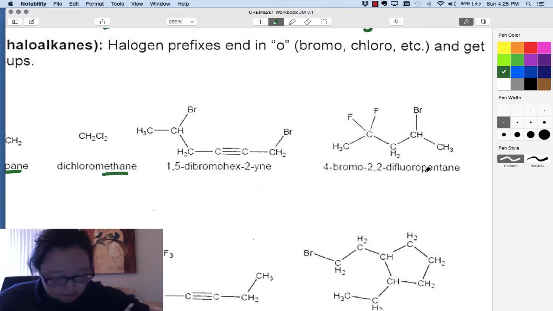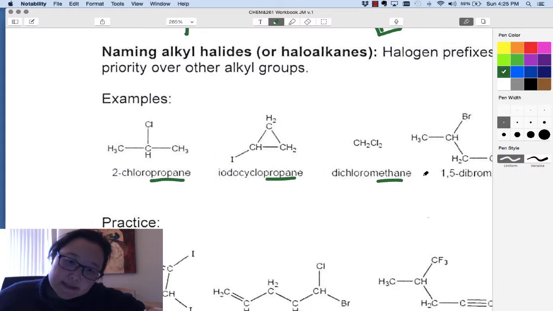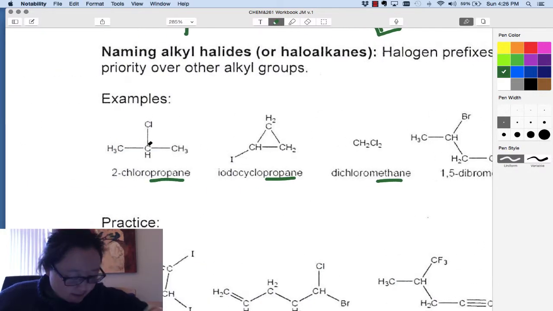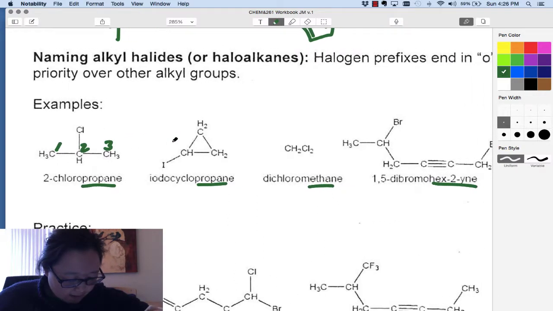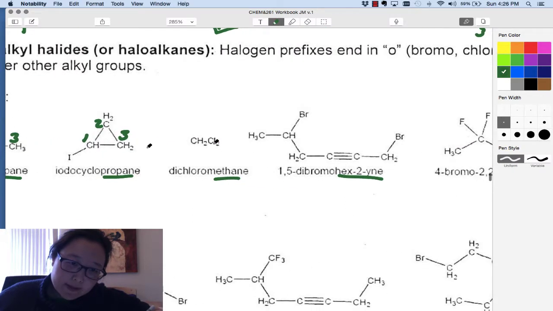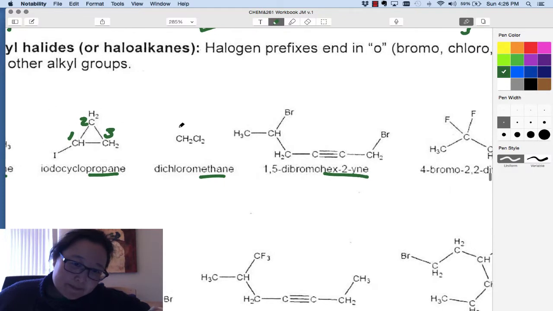So you can see those endings. So let's go through each one again. So this is 1, 2, 3, 2-chloropropane. We have 1-iodocyclopropane, or just drop the 1, that's fine, because it doesn't really matter where that iodine is, it's always going to be number 1.